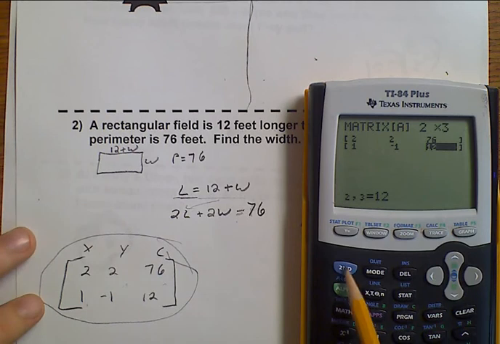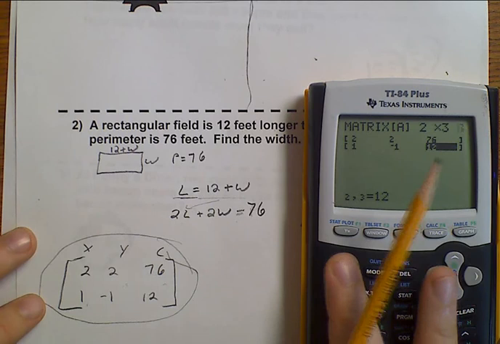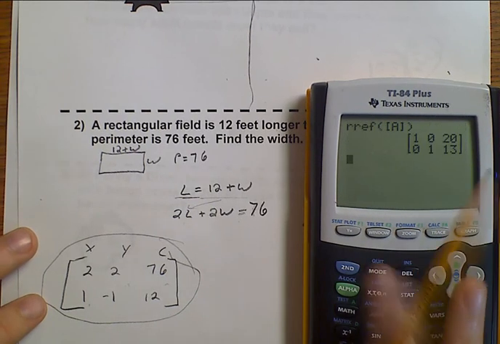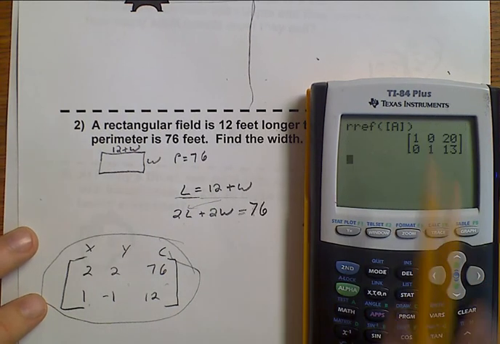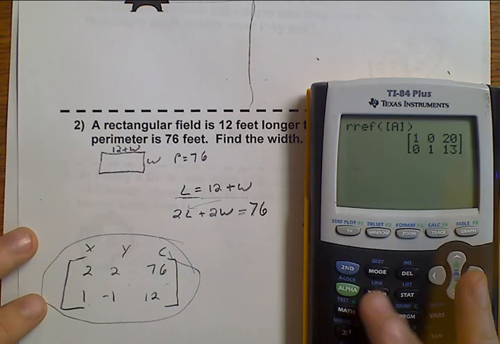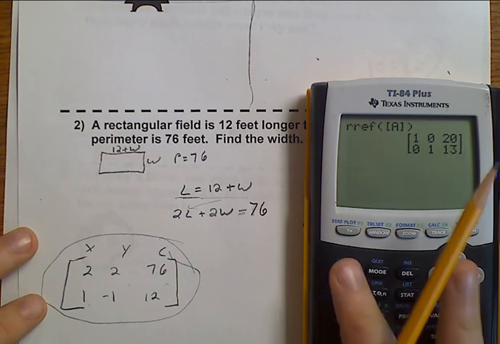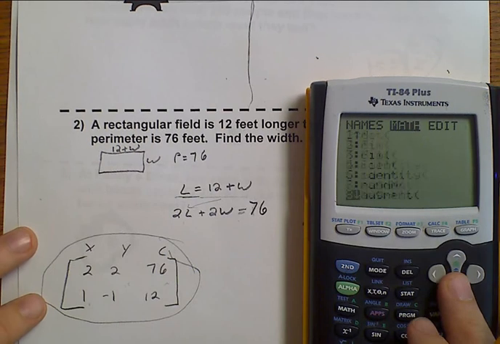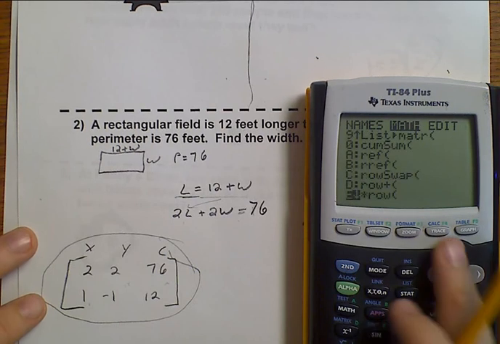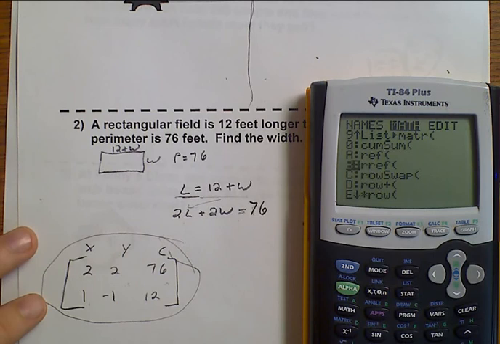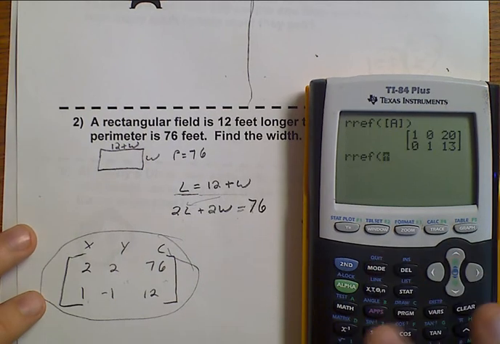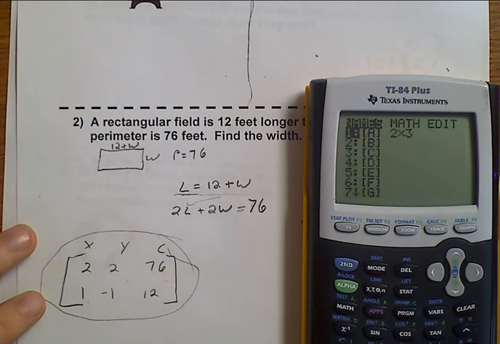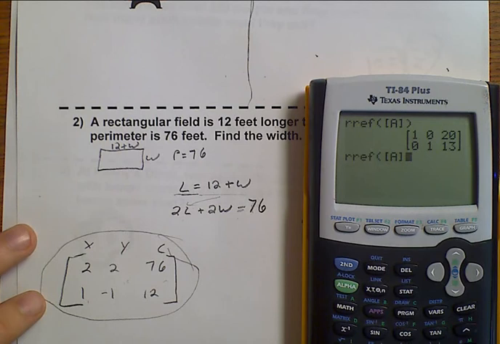We do second quit to get out. I already have our ref pulled up, but just as a reminder, I'm going to go second matrix, over to math, and all the way down to letter B, which is our ref. I want to put in matrix A, close it up, hit enter.